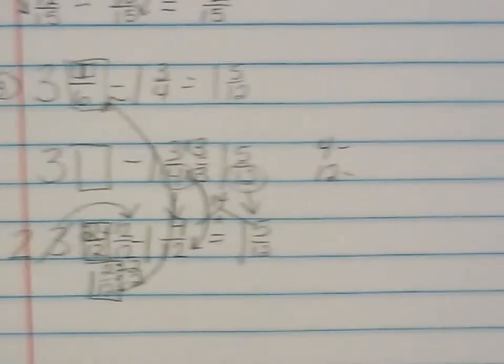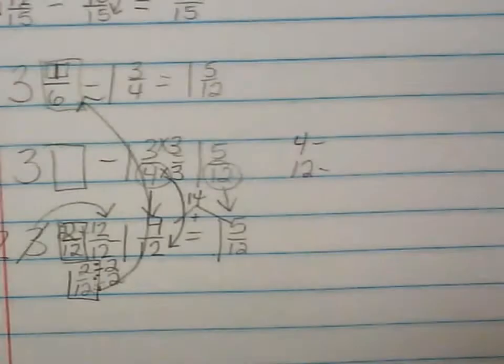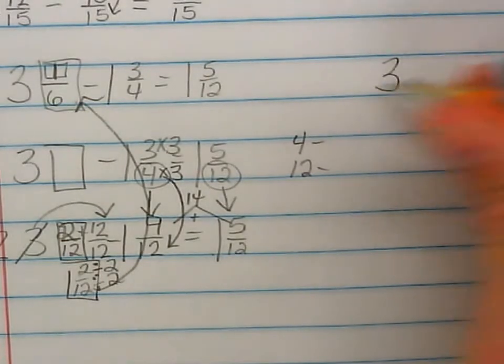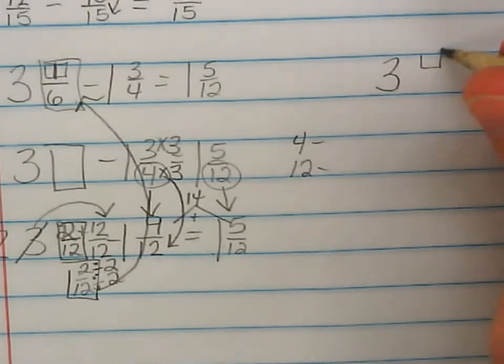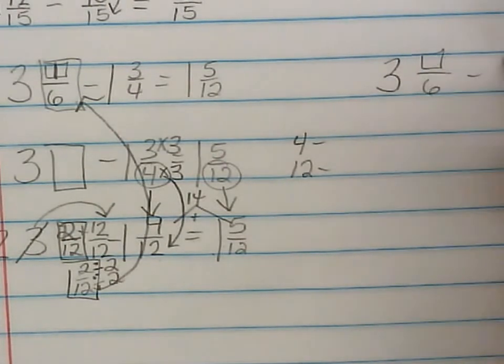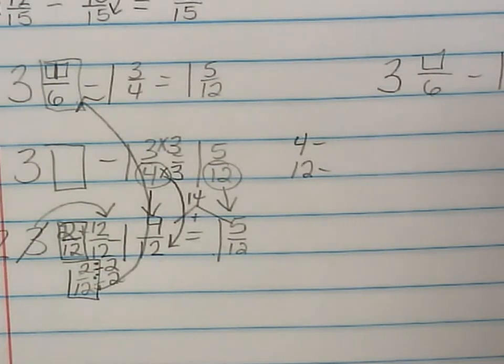Now I'm going to actually show you this where you inverse it as well back into addition. So I'm just going to rewrite the exact same equation. 3 and something sixths minus 1 and 3/4 is equal to 1 and 5/12.